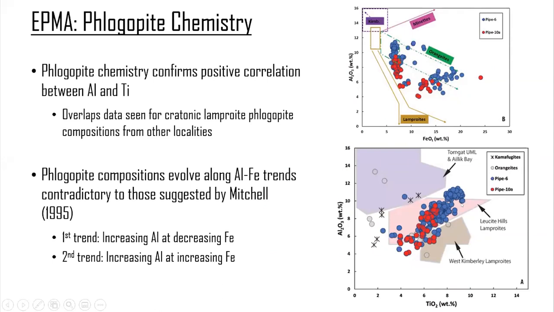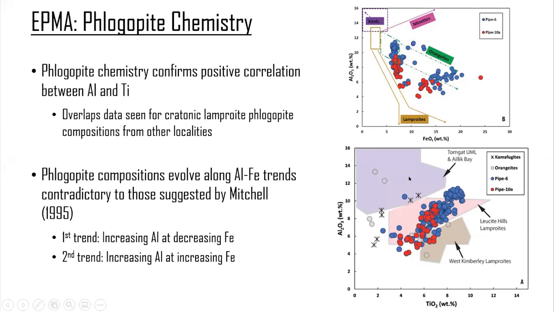Looking at the phlogopite composition, we see first down here a strong correlation between aluminium and titanium content, which is a trait that classifies these compositions together with other lamproite occurrences known globally, such as the Leucite Hills lamproites and the West Kimberley lamproites, as well as some Kaapvaal craton orangeites, as can be seen here.